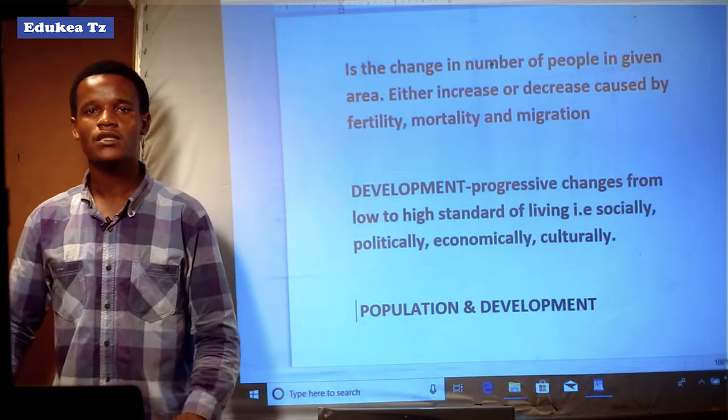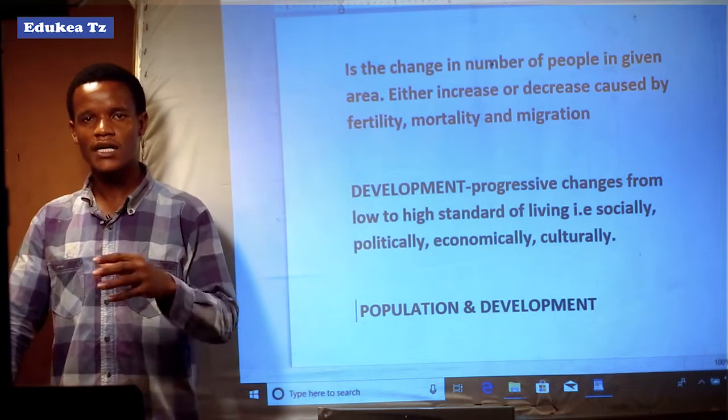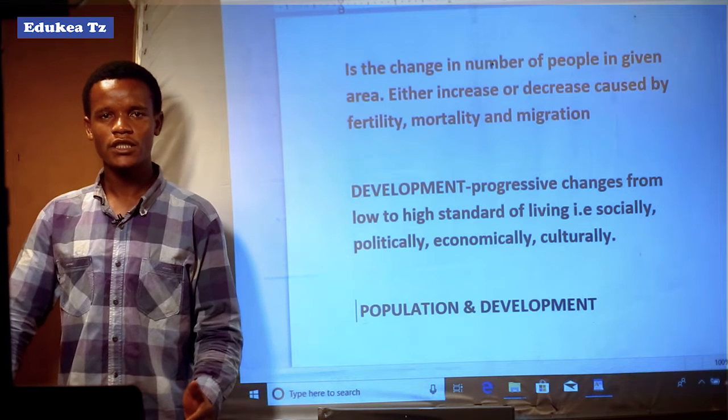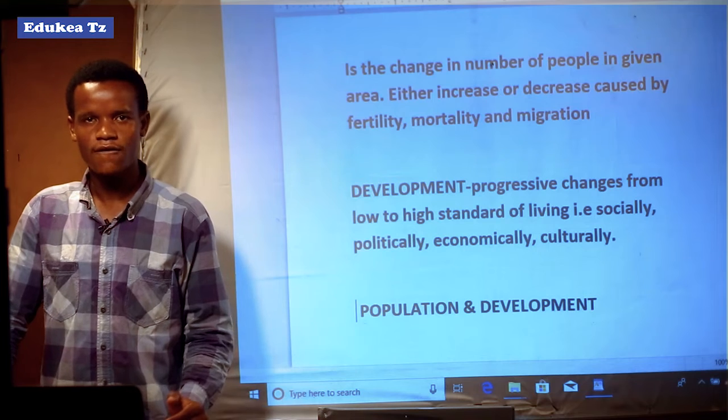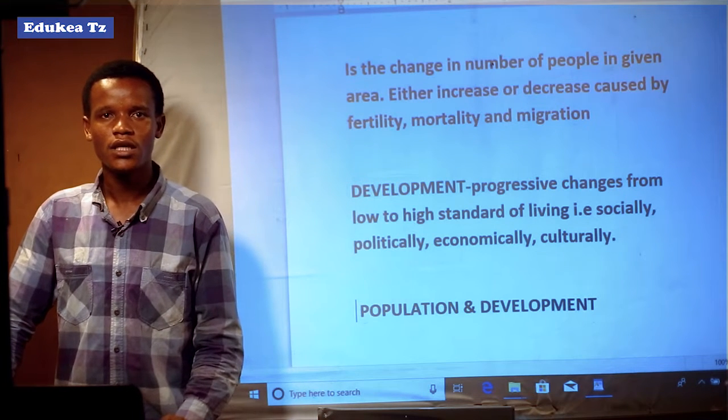When we say development, it means the action of moving from low to high standard. So the movement or progressive change from low to high standard of living, that we call development.